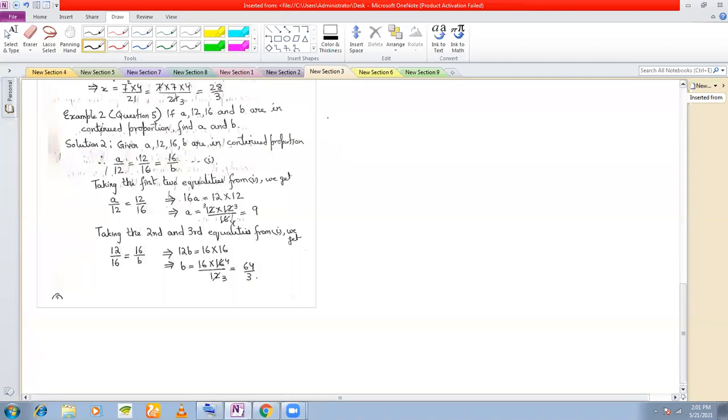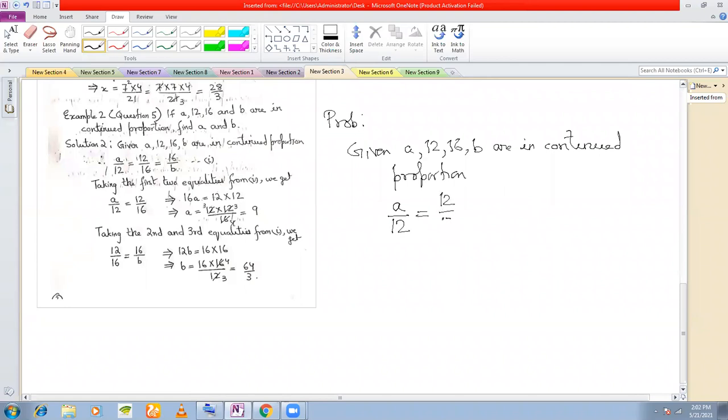So four numbers are given to you in continued proportion. Given A, 12, 16, B are in continued proportion. Therefore, from the definition, what do we know? A by B must be equal to B by C must be equal to C by D, right?